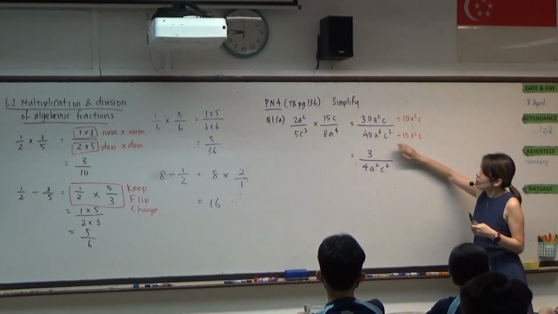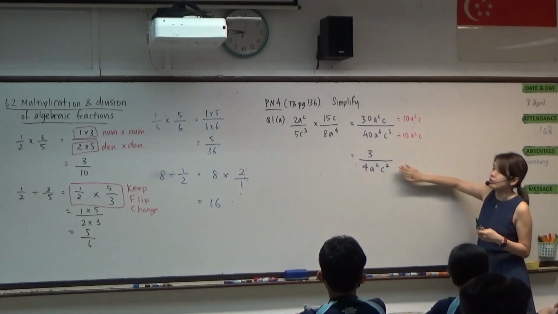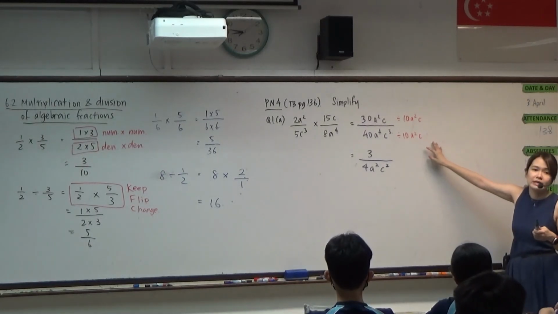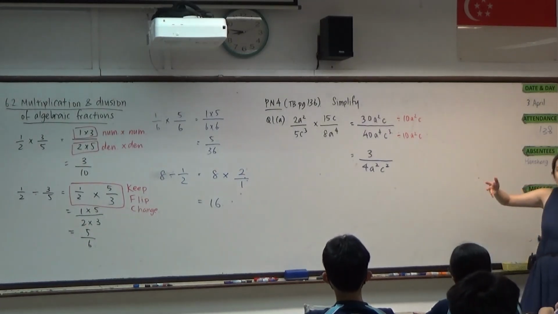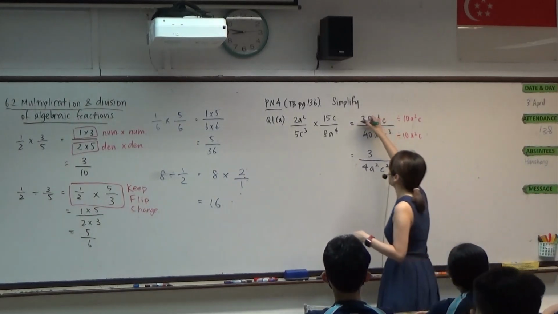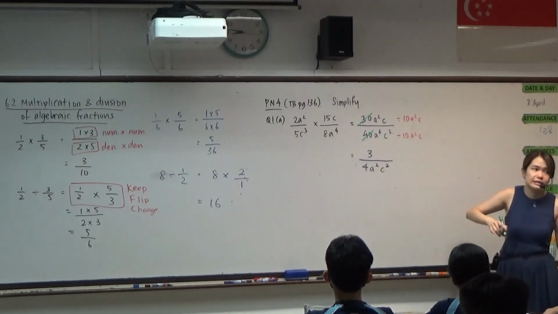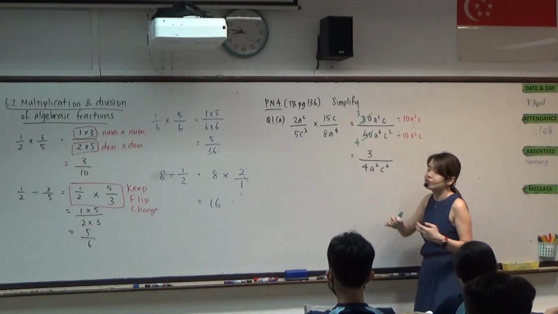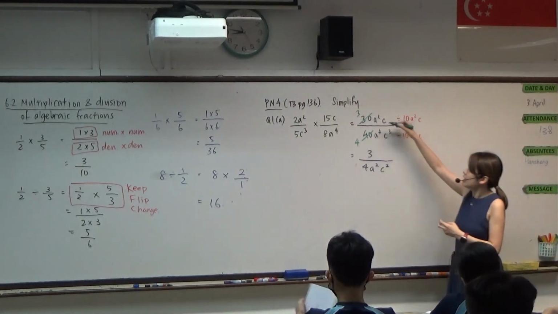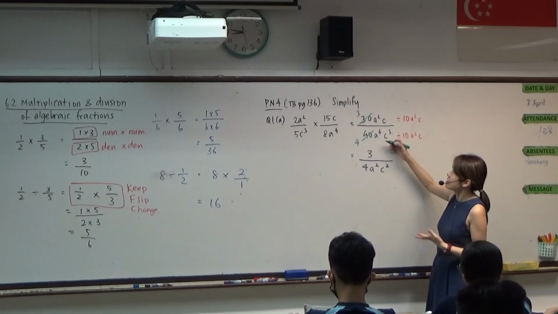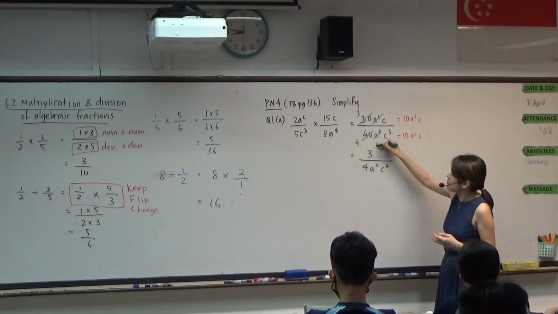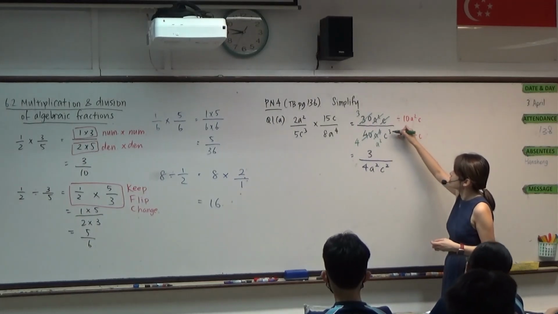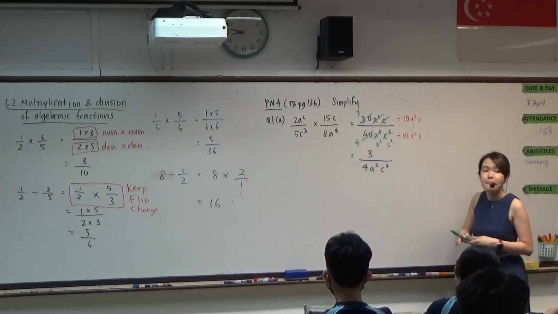Then something else I want to talk about from here to here. Notice that I revert back to this divide by 10a squared c. I didn't do the cancellation. If you want to, you can do the cancellation. How your textbook in fact displays it: 30 and 40 divided by 10, I'll be left with 3 and 4. Then a squared and a to the power 4, removing a squared, this one disappears, I'll be left with a squared here. c and c cubed, I remove 1c here, and over here I'm left with c squared.